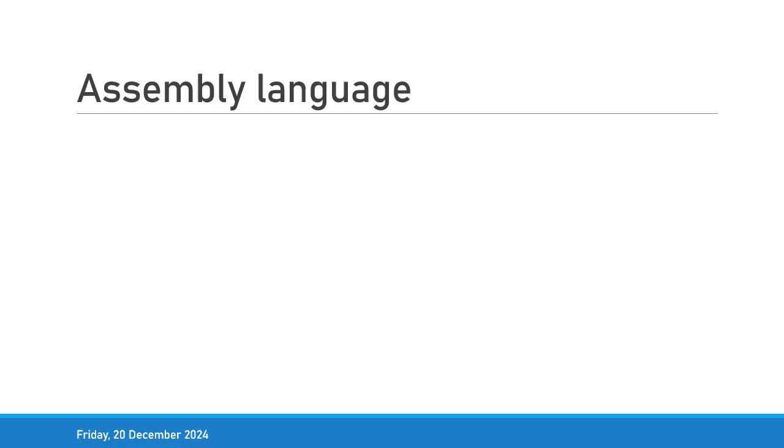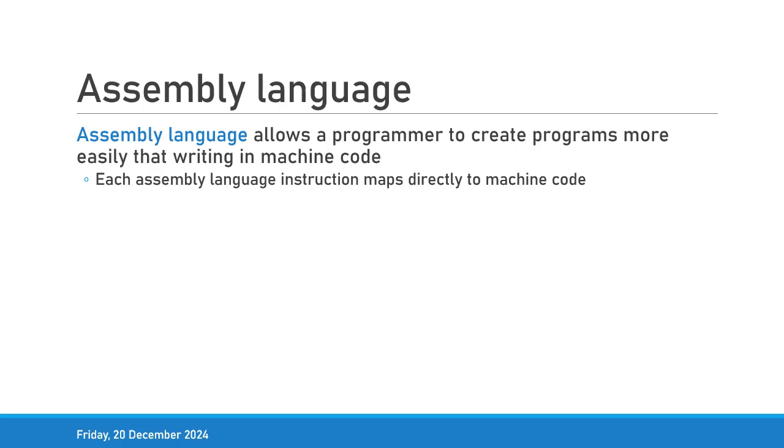And then came along assembly language. Now, assembly language is directly translatable to machine code, right? It allows programmers to create programs that are more easily written than machine code, but each assembly language instruction maps directly to machine code, right? So when it's translating, each line of assembly language is a line of binary.